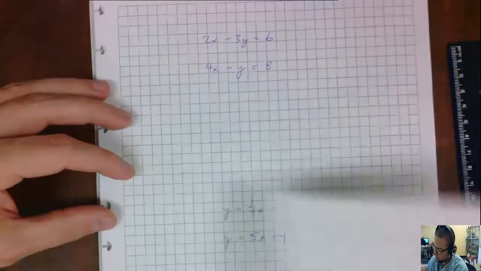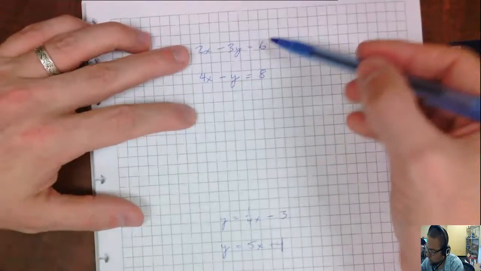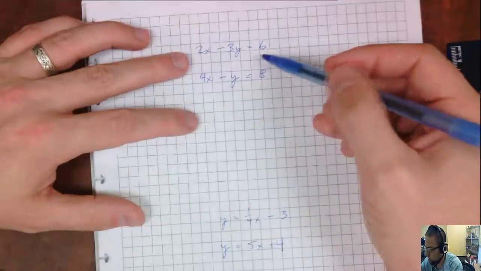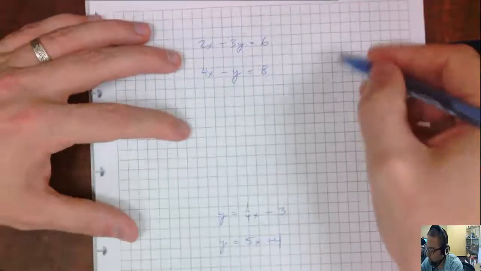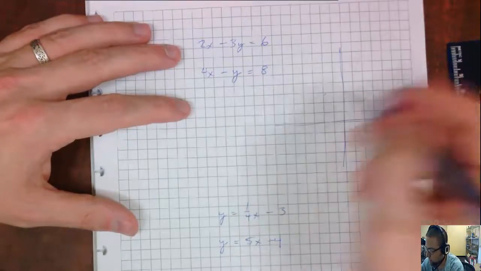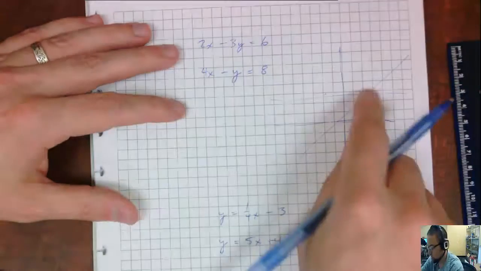Now, finally, to recognize if something has one solution, you reduce it as much as possible, and if they're completely different types of equation, that means they're two different lines with different rates of change. So I don't know what the graphs of these would look like, but there would be some intersection point somewhere, and that would be one solution.